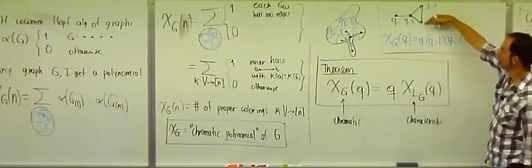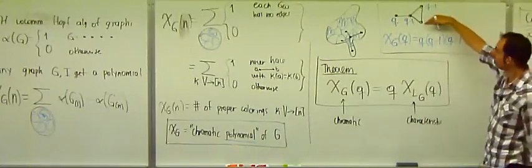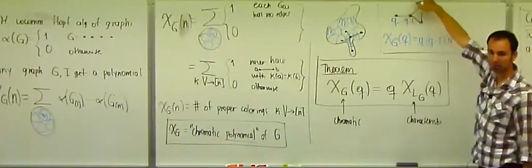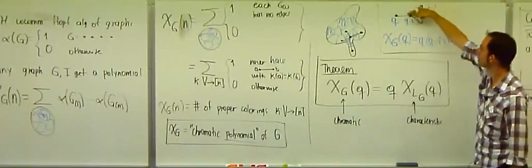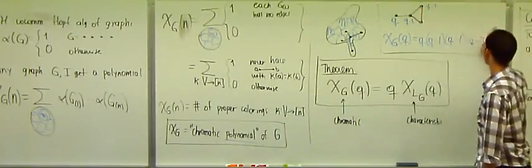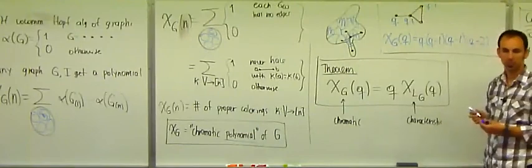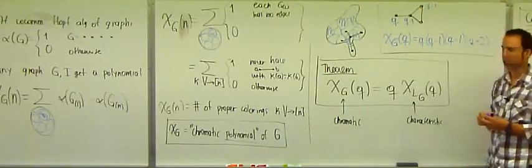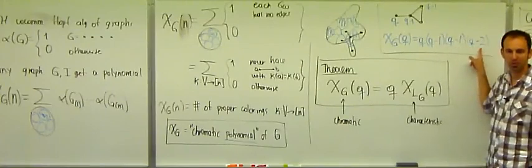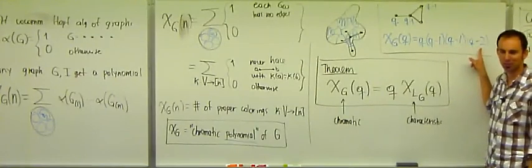And how many choices do I have for this one? Well, these 2 colors are forbidden, and they're different from each other because they're neighbors, right? So these 2 are forbidden, everything else is okay. So Q minus 2. So what was the answer to your homework problem? It's just Q times (Q minus 1) times (Q minus 2). I don't know if any of you noticed that that polynomial factored.